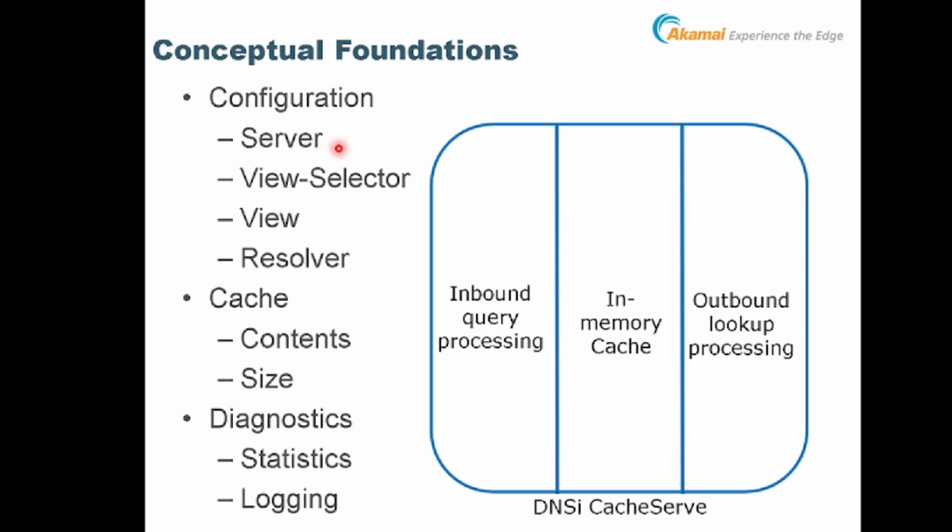But conceptually, the server object is the configuration element that controls the overall process and how the process uses system resources, as well as helping determine what network interfaces the process will receive queries from.